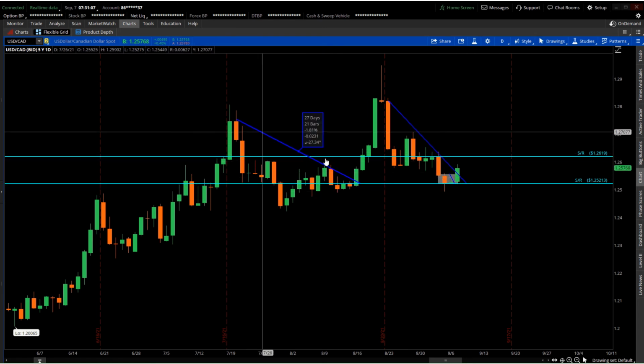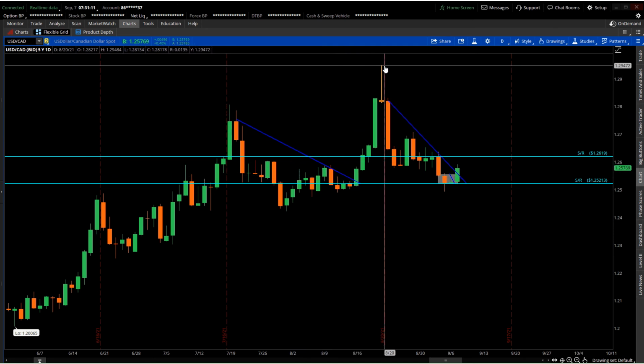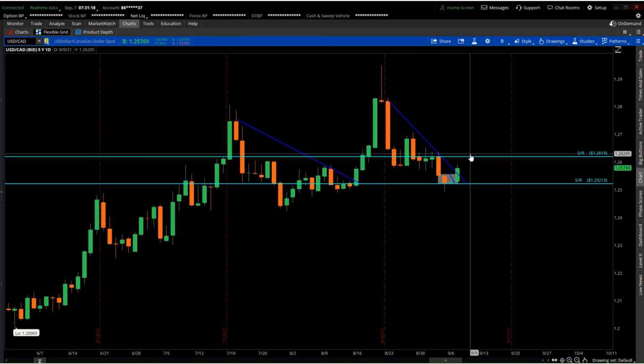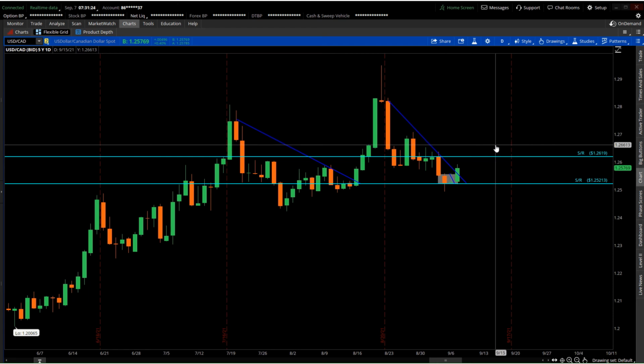And that's what I saw here as well before price broke out towards this level here of 1.29, and I am anticipating that something similar could also happen here over the next few days.